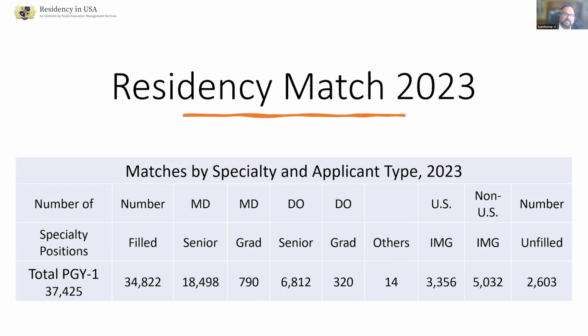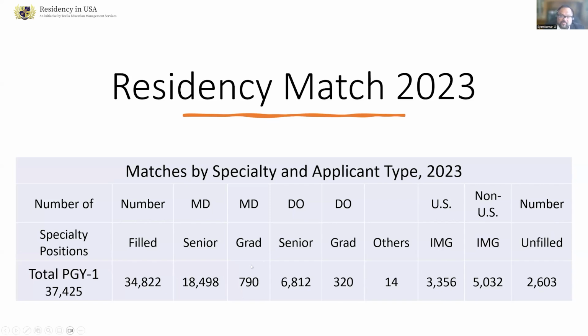So we have some data here on what kind of students qualified into the residency programs or residency matches in the US. Out of around 34,000 postgraduate training programs available, around 8,000 were filled by foreign medical students: around 3,300 by US citizens who were trained abroad, and around 5,000 by foreign medical graduates from foreign countries.